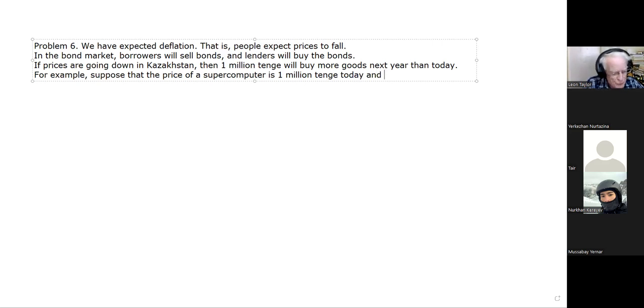and 500,000 tenge next year. Then 1 million tenge will buy 1 computer this year, but 2 computers next year.